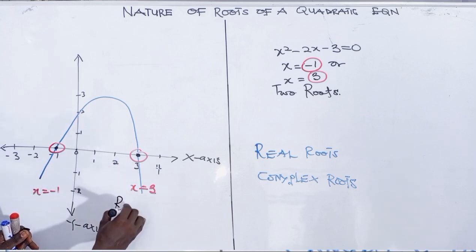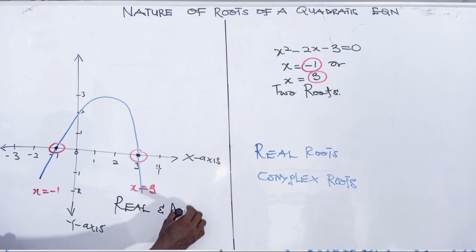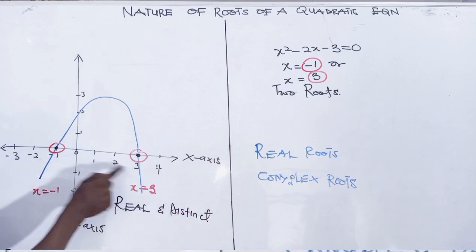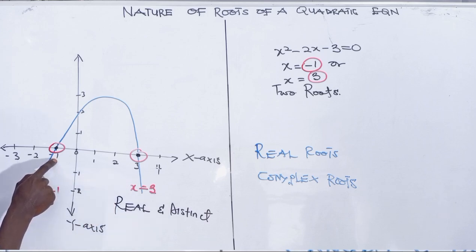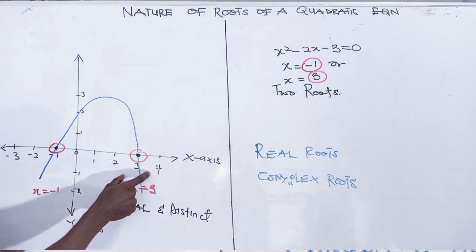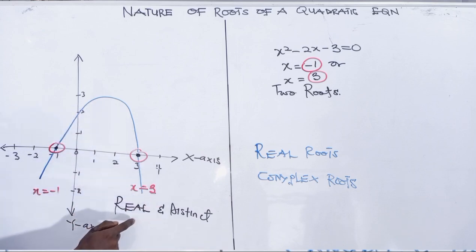Real and then distinct, or different roots. So when we look at these two roots of the quadratic curve, -1 is different from what? +3. So they are real numbers, but they are what? Different. So the roots of this quadratic curve are real and distinct.